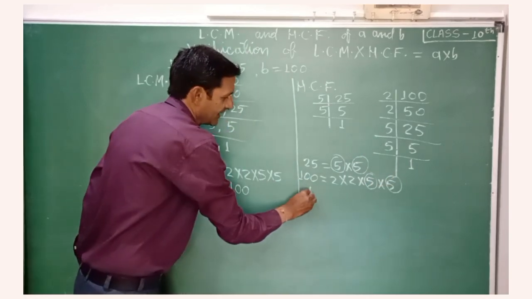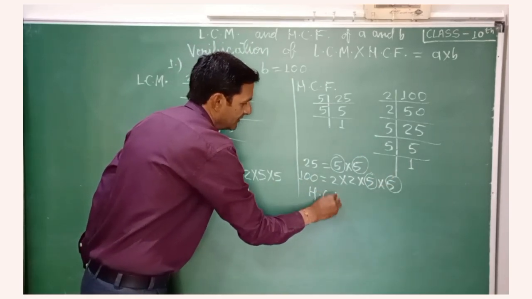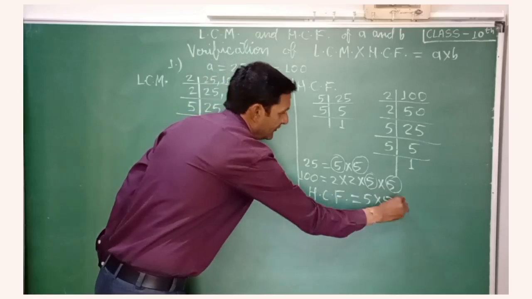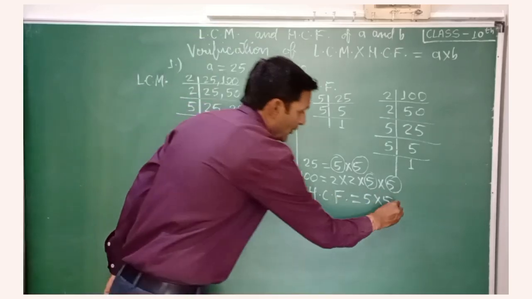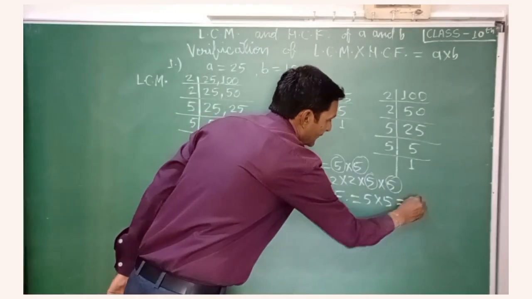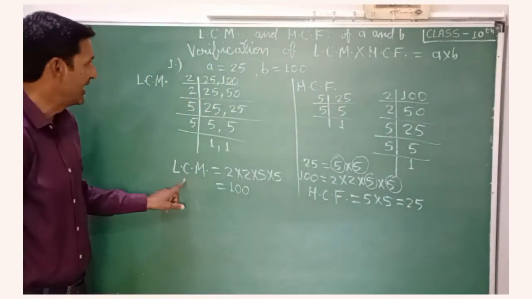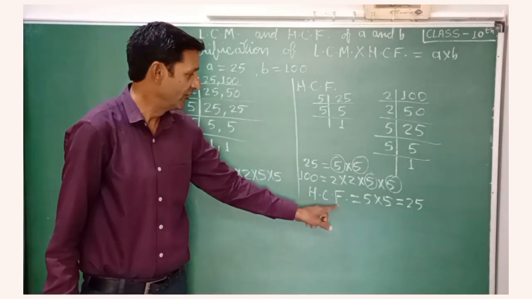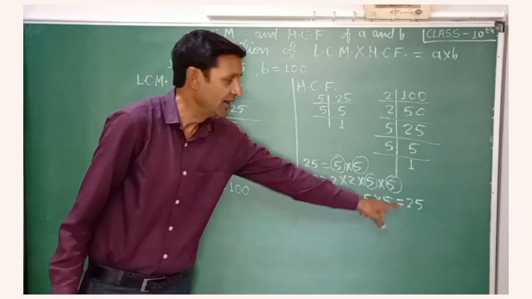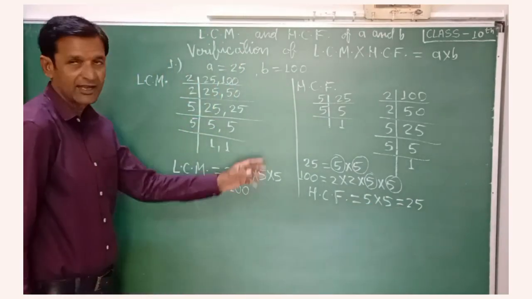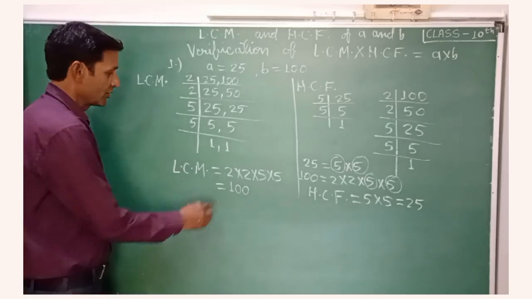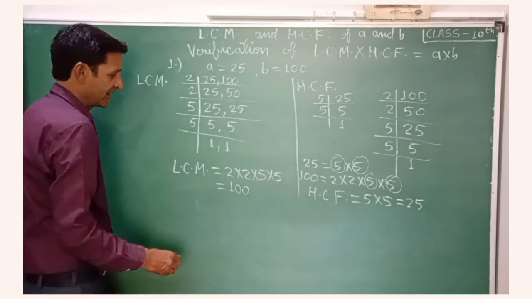So we can say that HCF is 5 into 5. That is equal to 25. So LCM of 25 and 100 is 100 and HCF of 25 and 100 is 25. Because 100 is, of course, divisible by 25 also. So HCF is 25 and LCM is 100.